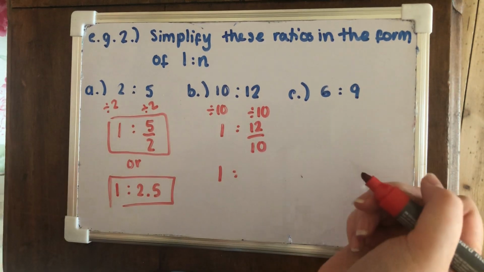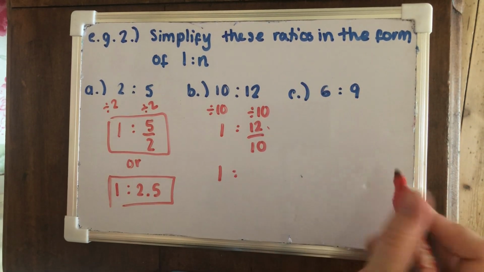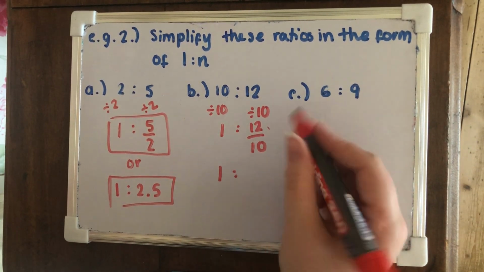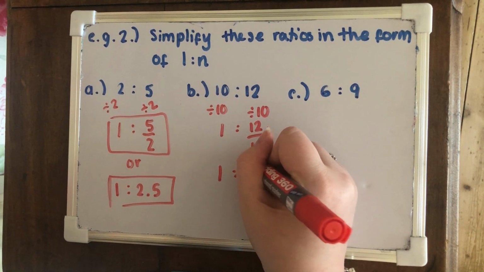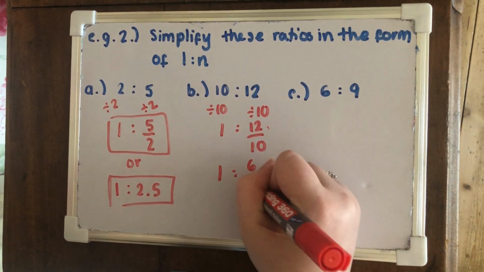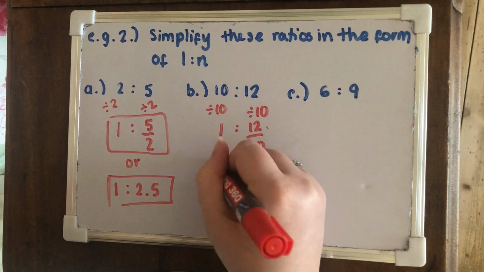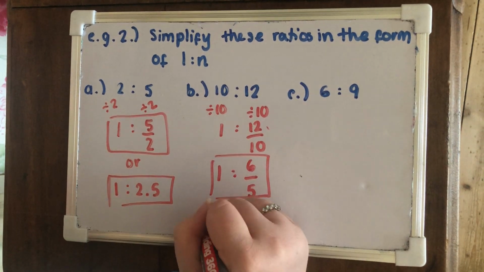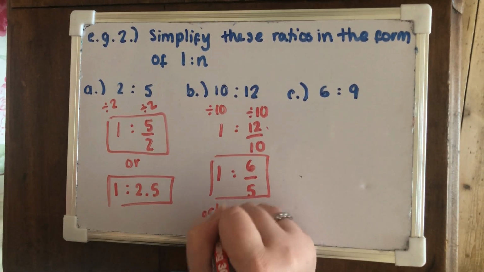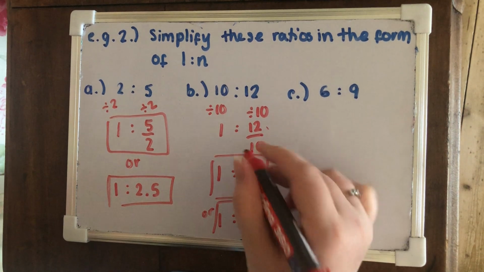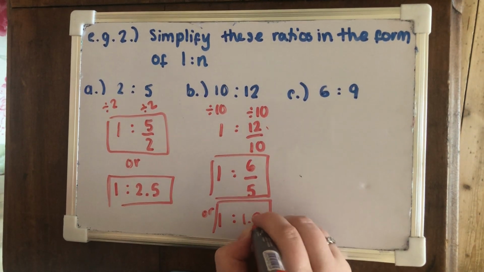Now just back to fractions, I can simplify that fraction, so 2 goes into both of those. So 12 divided by 2 is 6, 10 divided by 2 is 5. So I could leave it like this, or I can write this as a decimal, which would be 1.2.